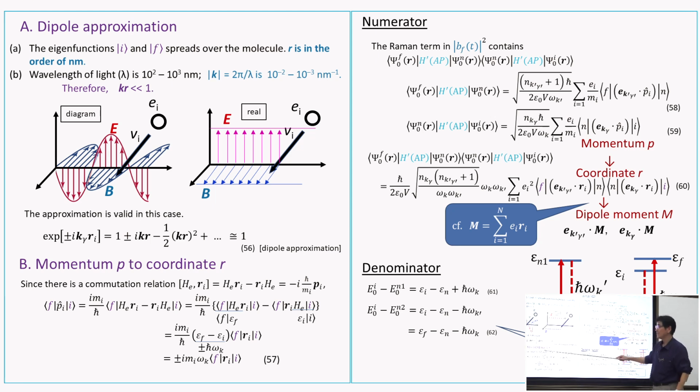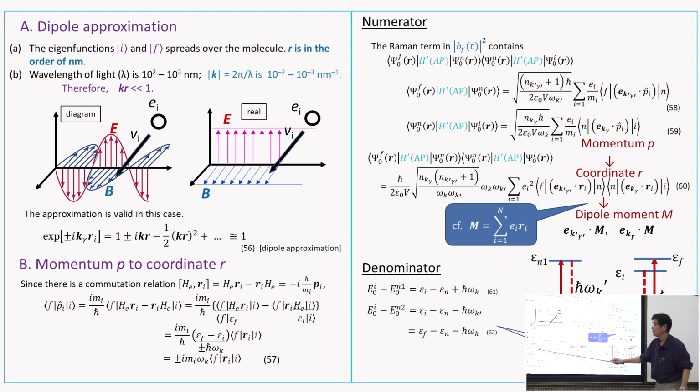Then let's substitute p_i in this integral, f p_i i. p_i can be substituted with this term multiplied by some coefficient.